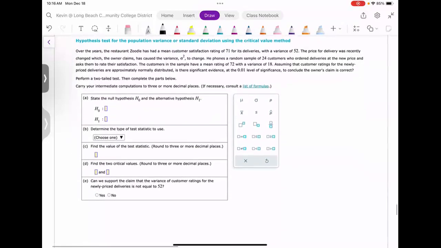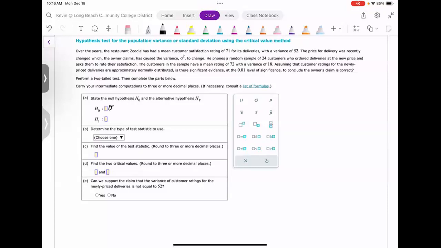There are a lot of components to this, so let's take our time. Over the years, the restaurant Zoodle has had a mean customer satisfaction rating of 71 for its deliveries, with a variance of 52. The price for delivery was recently changed, which the owner claims has caused the variance to change. So we already have some moving parts here.